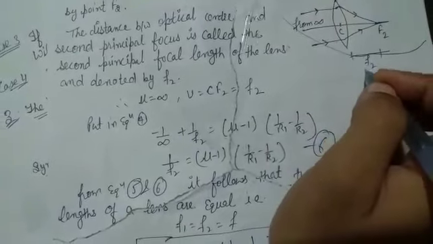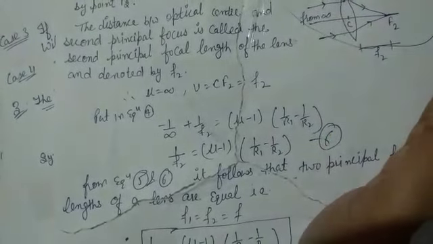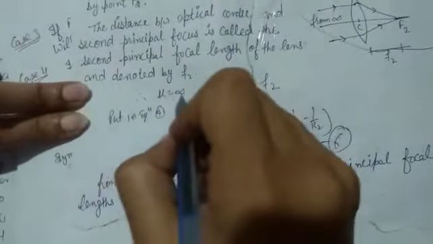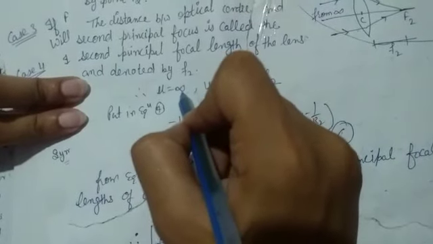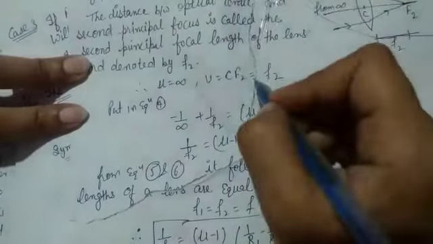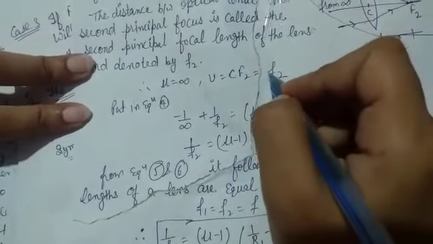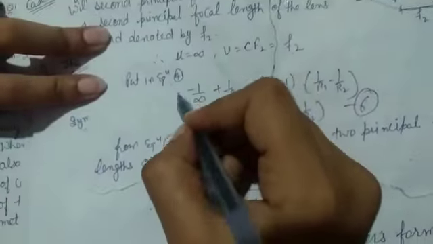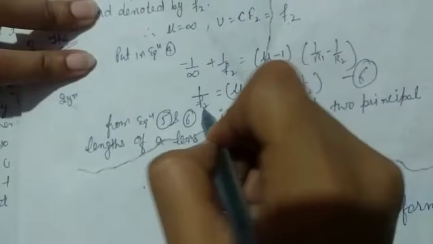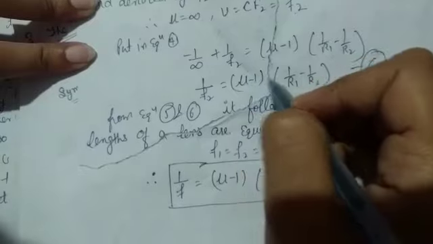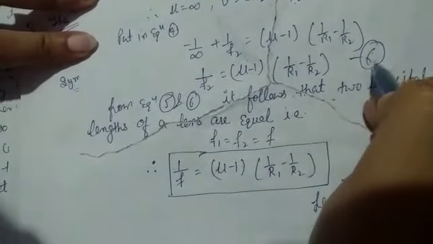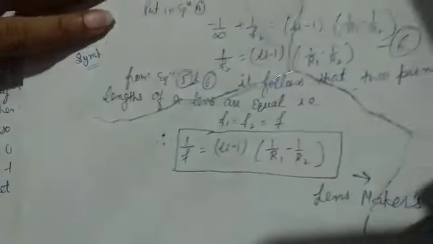Here f2 is taken as positive because it is on the same side as the incident ray. So U equals infinity, and putting these values in the fourth equation, it becomes 1 upon f2 equals μ minus 1 times 1 upon R1 minus 1 upon R2.